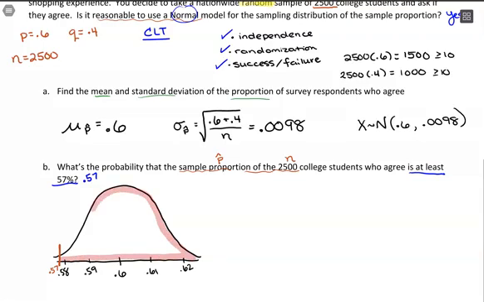So we should get a very large probability out because there's a high likelihood of that occurring. I'm just going to shade that in roughly. Alright, so I need that big area to come through. So we're looking for the probability of a random variable being more than or equal to 0.57.